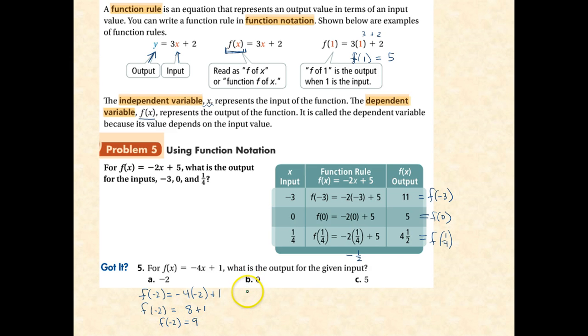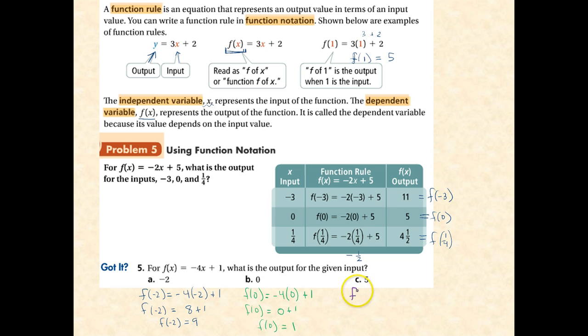Alright, B, we're going to do f of 0. So that's going to be negative 4 times the input 0 plus 1. F of 0 equals negative 4 times 0 is 0. So f of 0 equals 1.